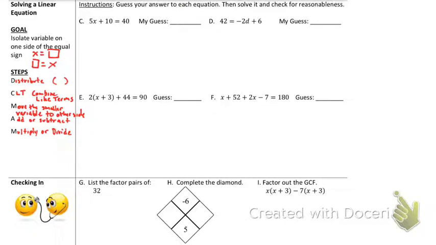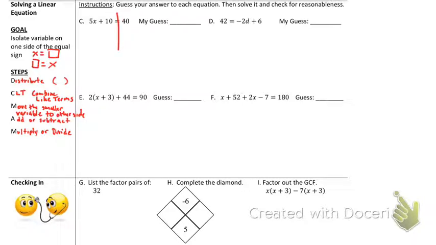So the first thing I want to do is distribute. So I'm looking for any parentheses here. There's no parentheses, so I do not have to distribute. We can skip step 1, I guess you would call it, which is distribute. Then I'm looking for combining like terms. And when I say combine like terms, I want to combine like terms on one side of the equal sign only.